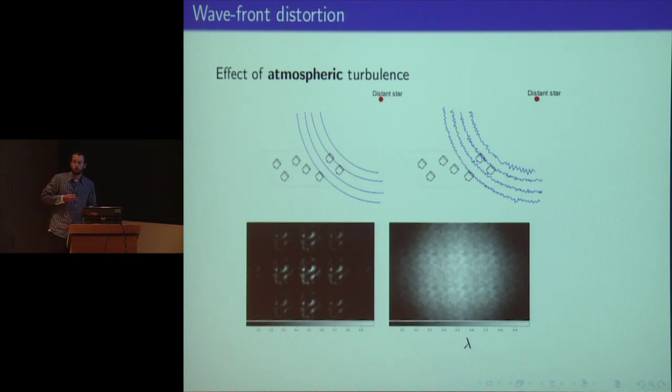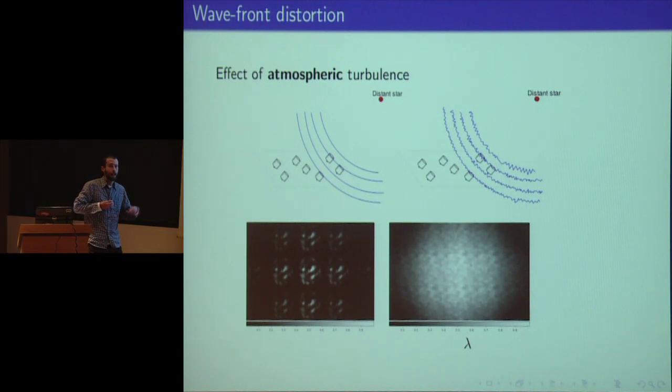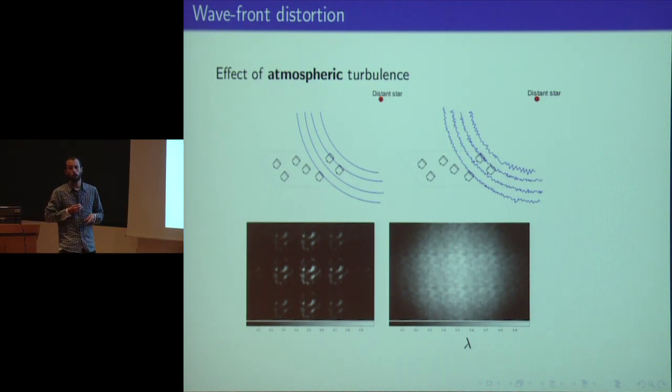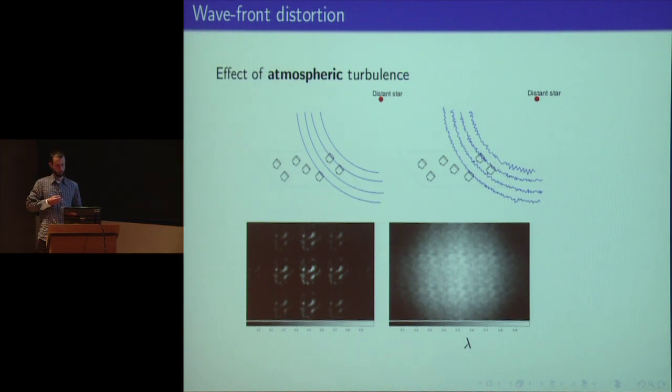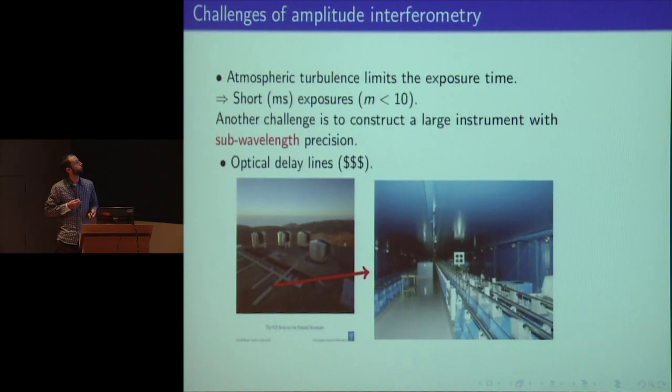So the conclusion of this slide is that you need to actively correct for these distortions introduced by the turbulence in the atmosphere.